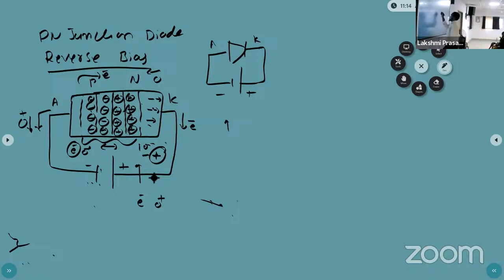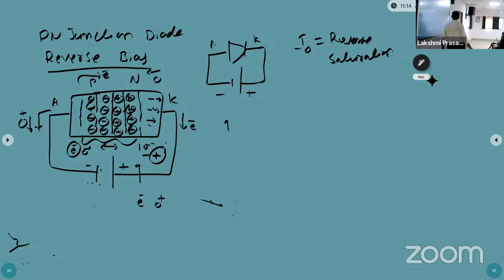That current is called reverse saturation current. For example, if the forward current is in milliamps, then this may be in microamps.